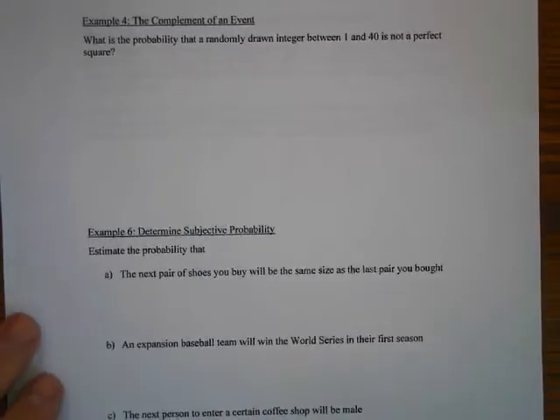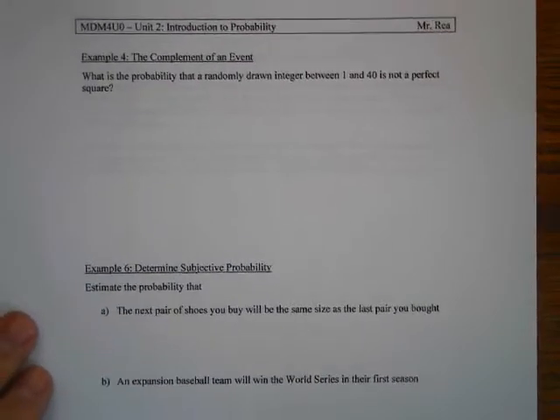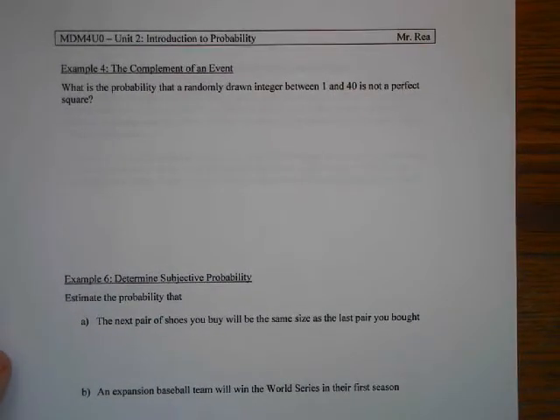Okay, example 4. We're going to look at the complement of an event. The complement is described in the key concepts, but this is a lot like the indirect method when we were counting the number of ways of doing something.